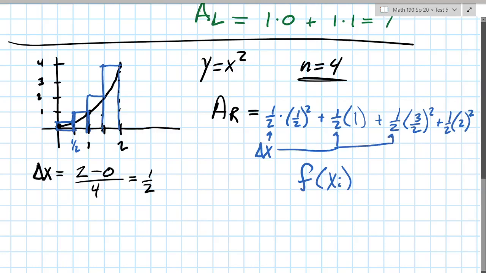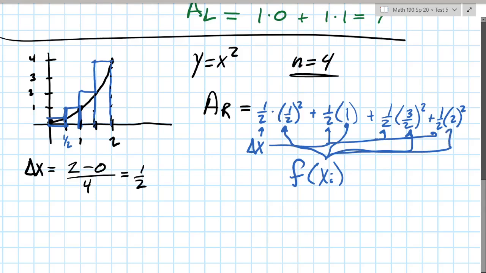So if we are using left-hand endpoints, my x values are 1/2, 1, 3/2, and 4/2, or 2. Should probably use a different color there.